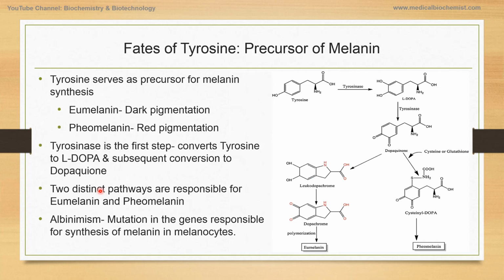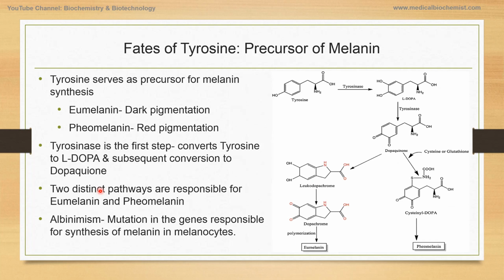Tyrosine is also the precursor for melanin, a compound that gives the color of skin and hair. The melanin can be of two different types, eumelanin and pheomelanin. Pheomelanin is a red pigmentation, while eumelanin is a dark pigmentation.